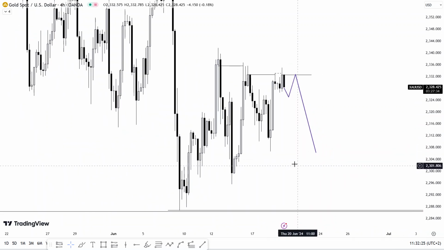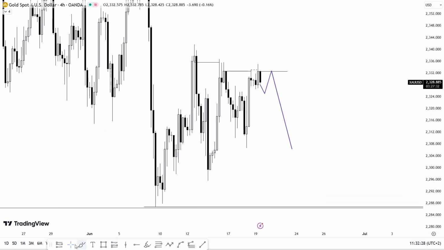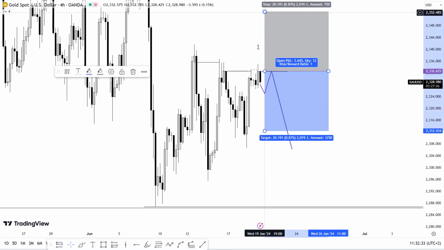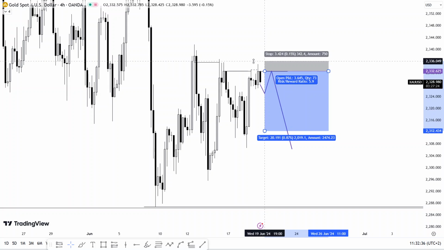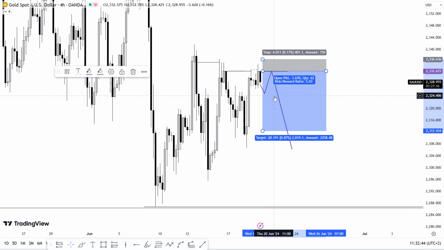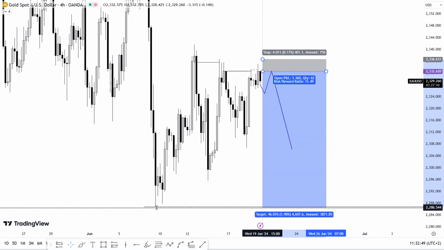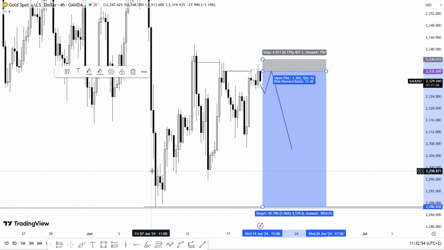So basically my bias on gold would be that I'd want it to come back here, with a 30 pip stop loss. Yeah, I think 30 pip stop loss would be fine. Let's just make it like that, 30-40 pip stop loss, something like that. And then we anticipate it to trade upwards of 450 pips.